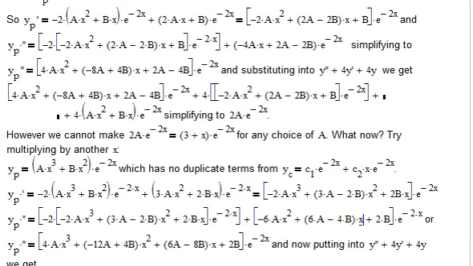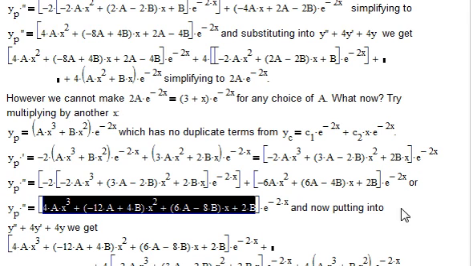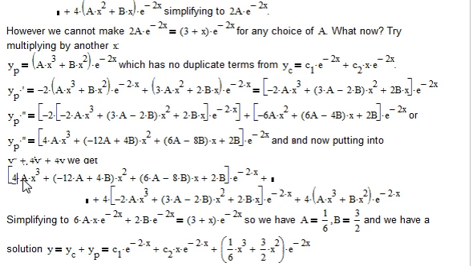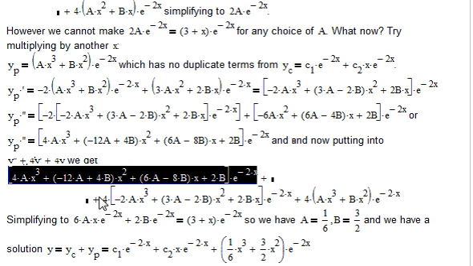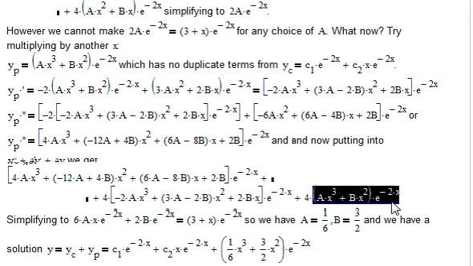And that is our second derivative, simplified, and now we've got to put it back in the original equation. I can't get it on one line anymore, but I did. Here's y double prime, plus 4 times y prime, plus 4 times our y, and that simplifies, trust me. What happens for the x cubed terms?